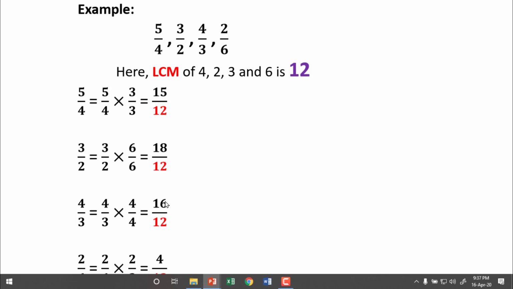That's why 16 by 12, that means 4 by 3, is the second largest. Now the smallest numerator is 4. So we can say that 4 by 12 is the smallest fraction, which comes from 2 by 6. So we can say that 2 by 6 is the smallest one among the given fractions.